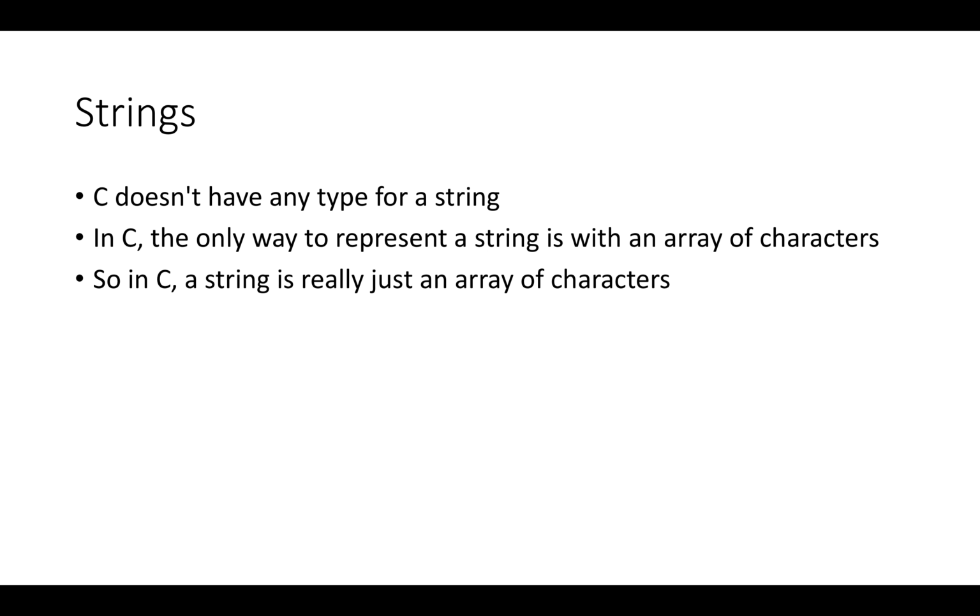So in C, the only way to represent a string is with an array of characters, which makes sense, I guess, because strings are realistically just a grouping of characters. But that does mean there are a lot of things we have to think about that we wouldn't necessarily think about otherwise. In C, a string is really just an array of characters.